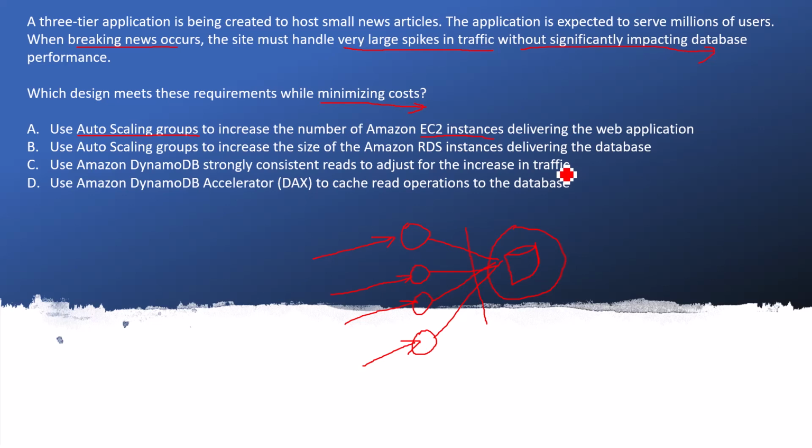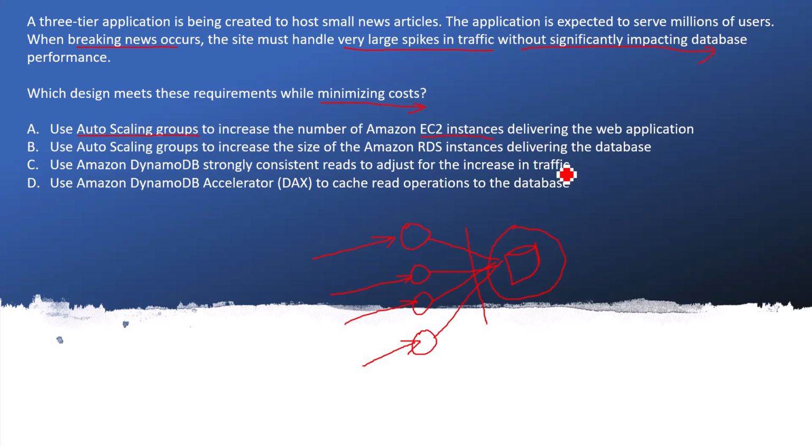Use auto scaling groups to increase the size of Amazon RDS instances delivering the database. You can use it, but increasing the size of Amazon RDS instances will not minimize the cost. It will increase your cost, and this is not the right approach.